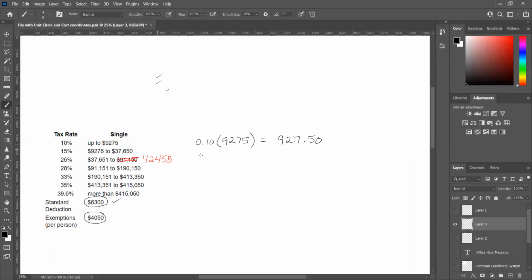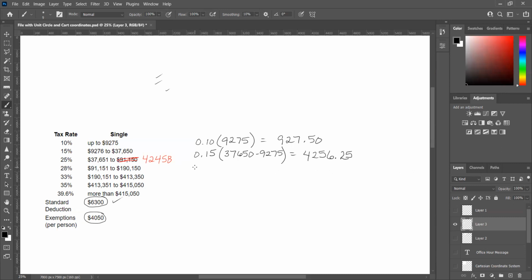And then we have 15% of the difference between 37,650 and 9,275. So let me calculate that out. 0.15 times the quantity 37,650 minus 9,275 gives me 4,256 and 25 cents.